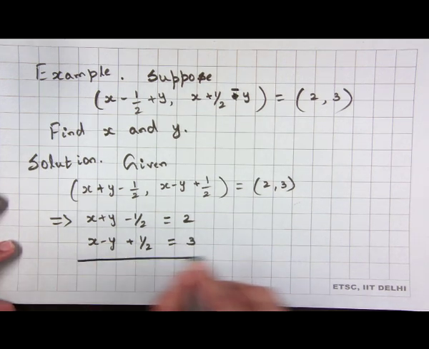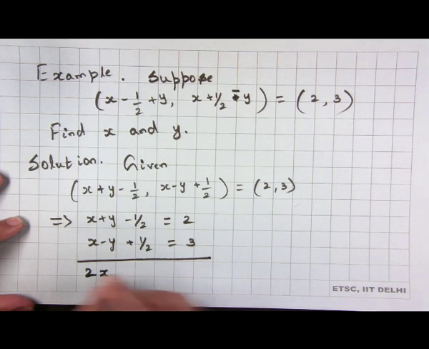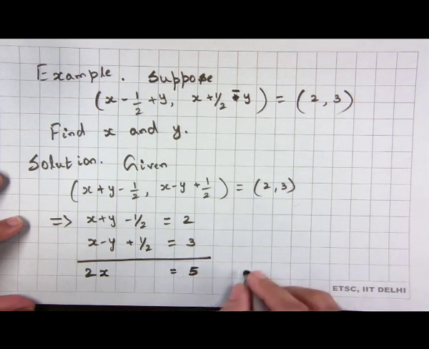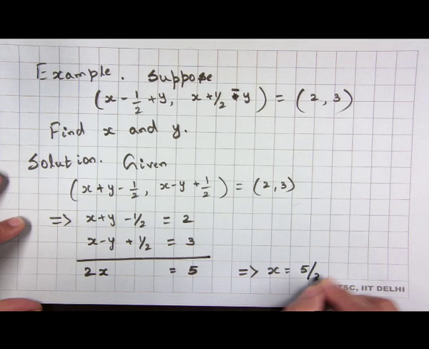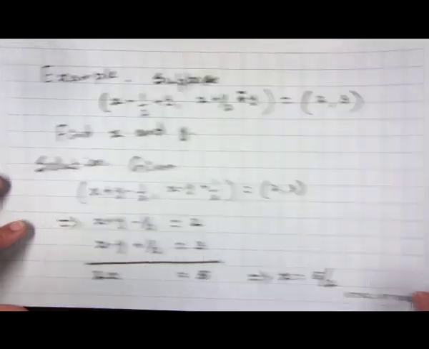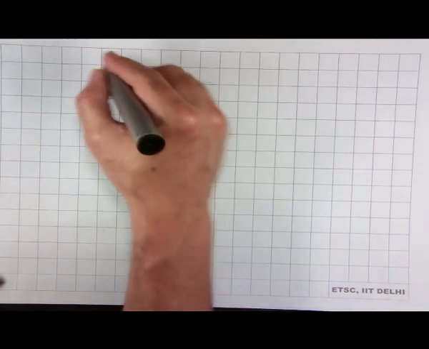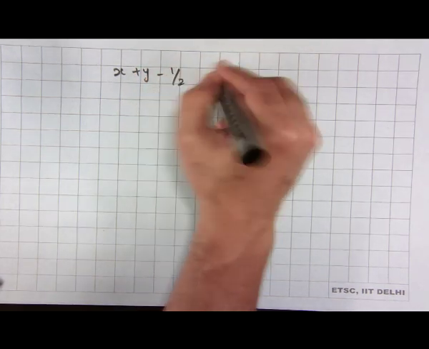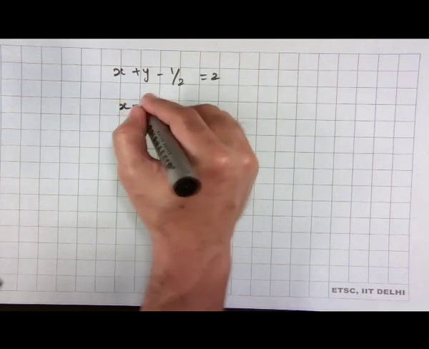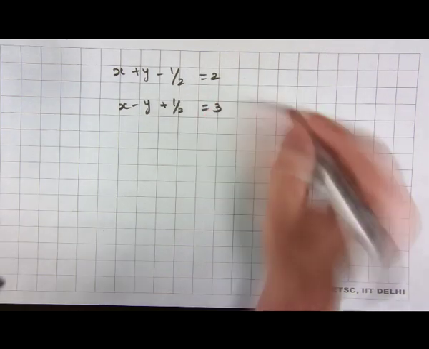Let us solve this by adding these two equations. It gives 2x equal to 5, that implies x equal to 5 by 2.